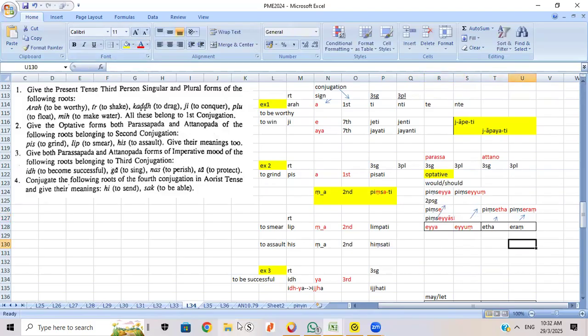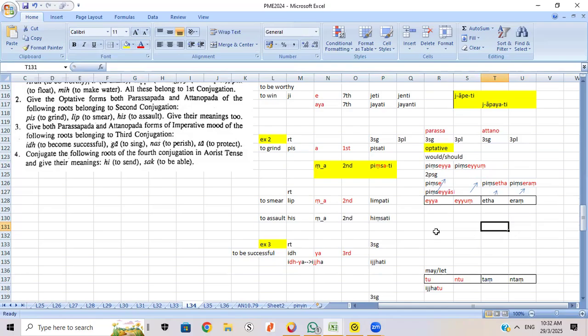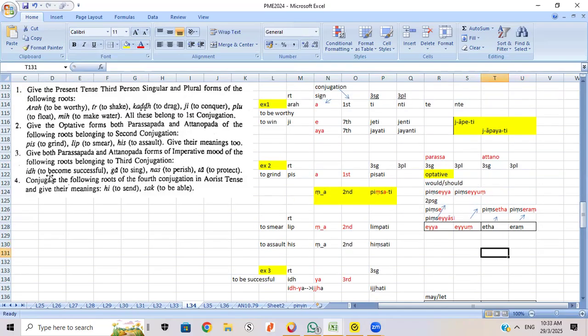Okay. So the third one I give is parasmaipada, atmanepada, imperative. So the imperative there, this one. The rest I put like that. This one is number two. Number two, lip. Can you see lip?